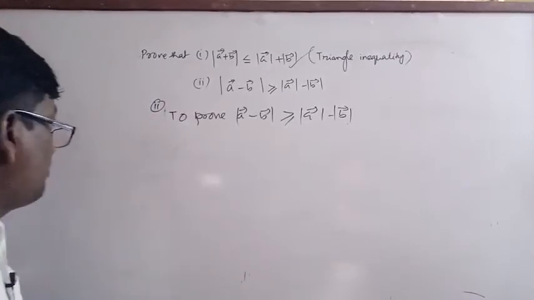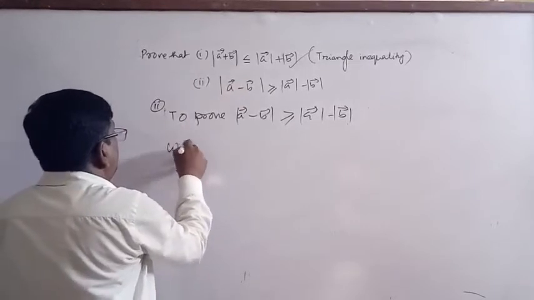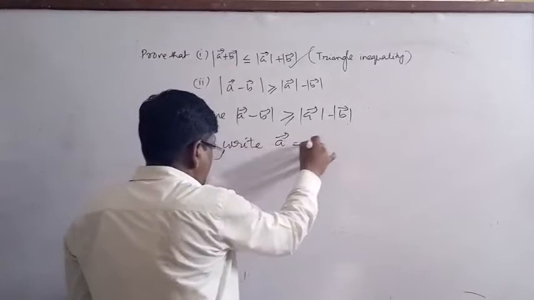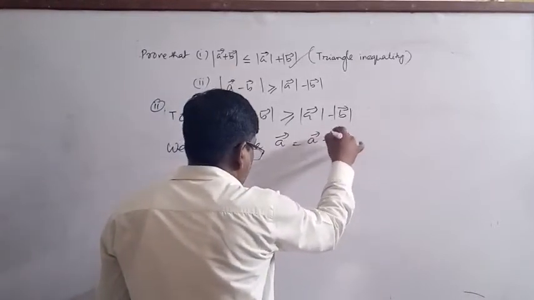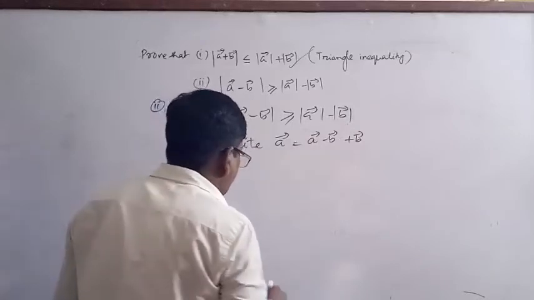This can be proved using the triangle inequality law. So we can write vector A is equal to vector A minus B plus vector B.